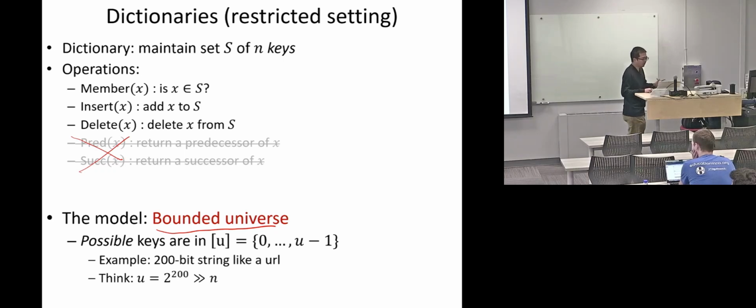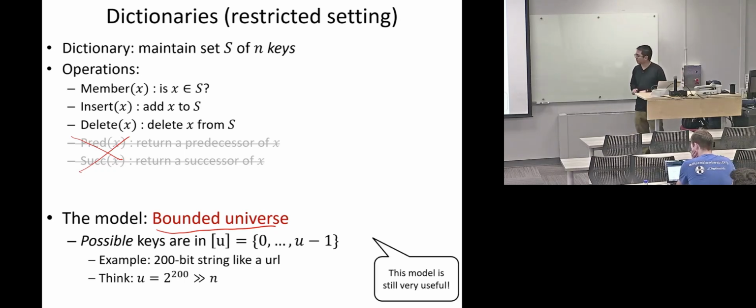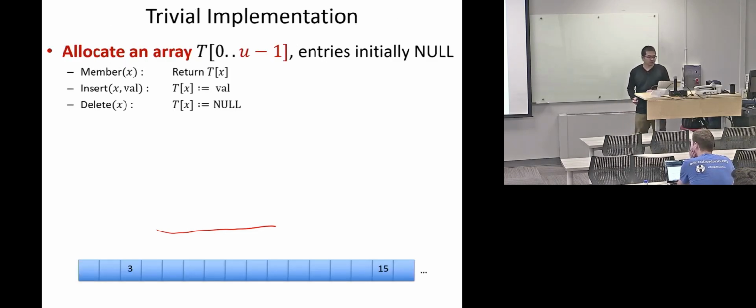So this is already useful. Think of storing a bunch of URLs, for example, in your browser history. There's one trivial implementation of this problem: just allocate an array of size u and implement everything in a trivial way on the array.